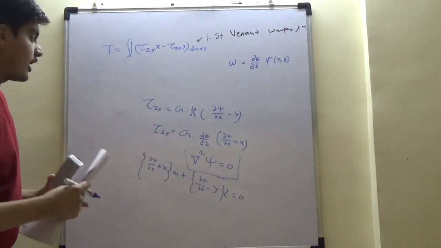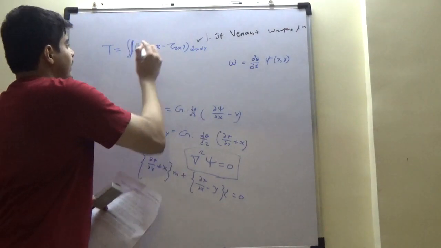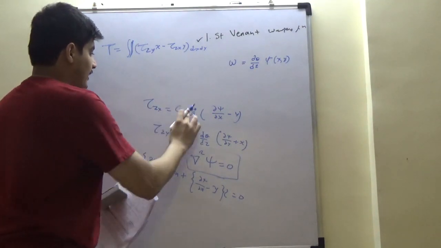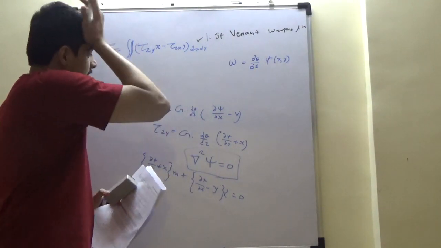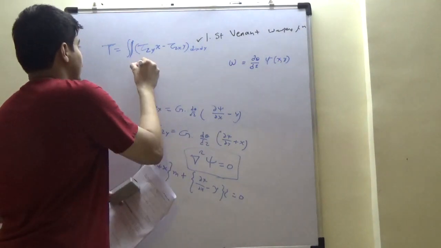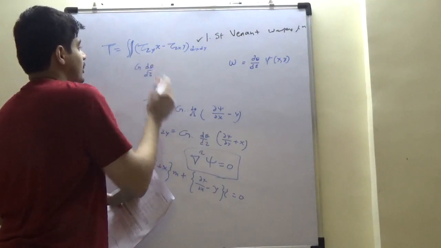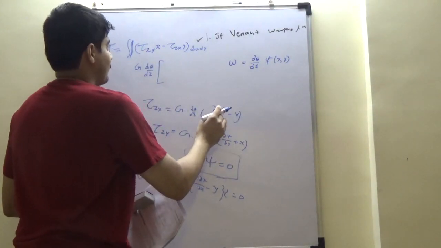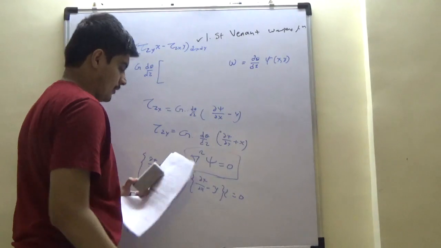We looked at this twisting argument over the surface. The integral of this has to resist the total torque. If I now substitute these parameters from here, what I am left with is G d theta by dz, which is constant, which is going to come out, del psi by del x into x dx dy, right?